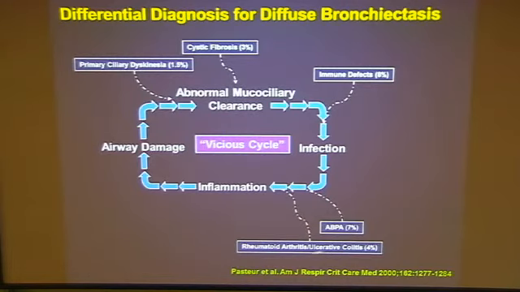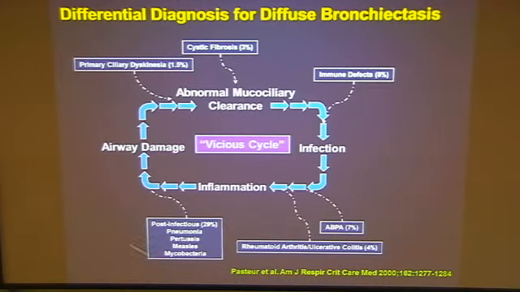We can actually see bronchiectasis with other autoimmune disorders like rheumatoid arthritis, ulcerative colitis. And then, as you guys said, post-infection, including mycobacteria, a bad pneumonia, pertussis, measles, these things can lead to bronchiectasis. Okay, so what do we do now?